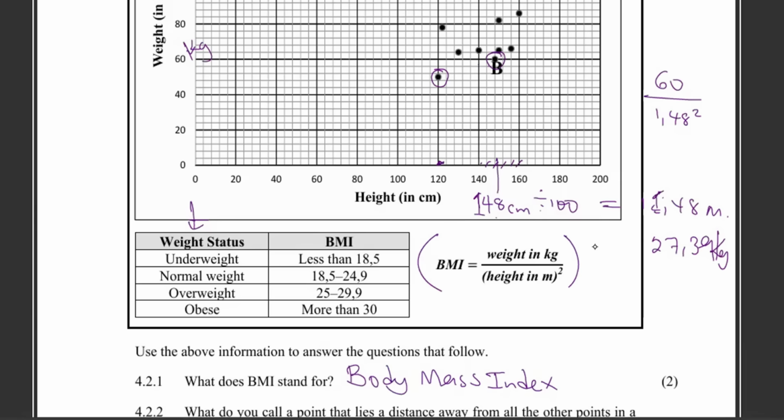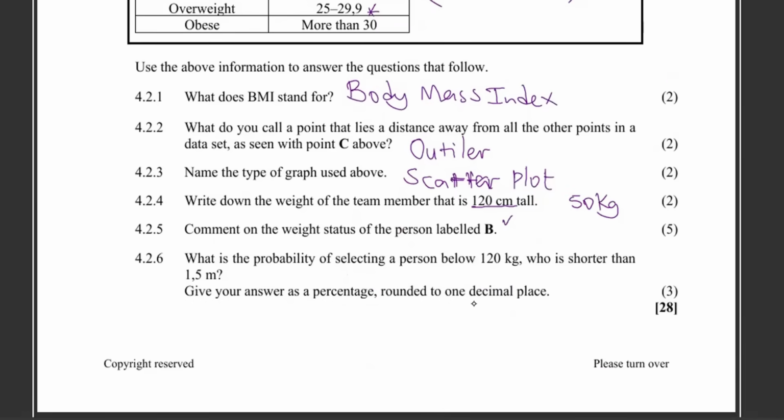That's the BMI. So 27 lies in between this. And the person now is going to become overweight. The person is overweight because the BMI that we've just got lies in between that.